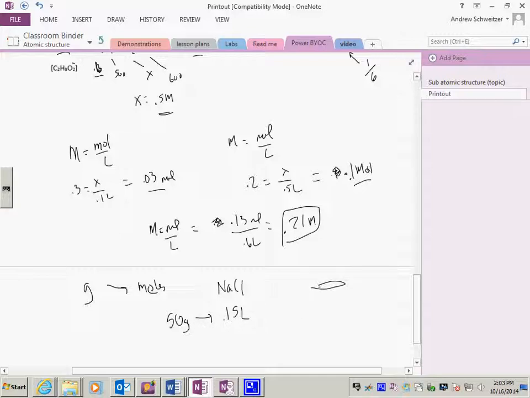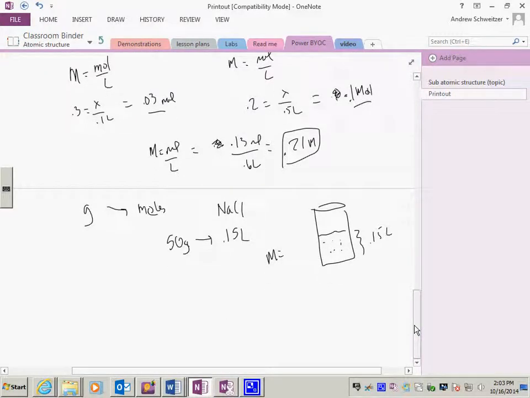So I have a beaker with 0.15 liters of volume. How many moles are inside this? What's the concentration?